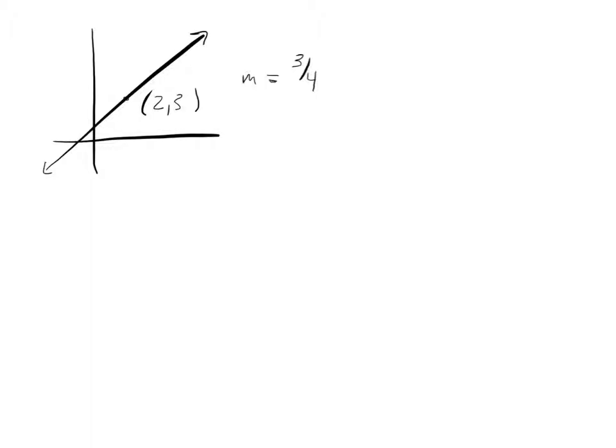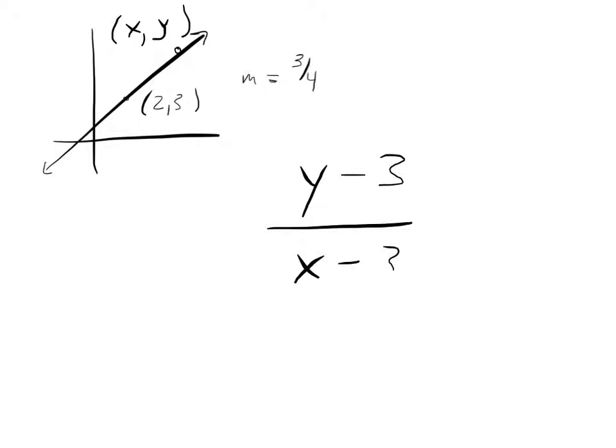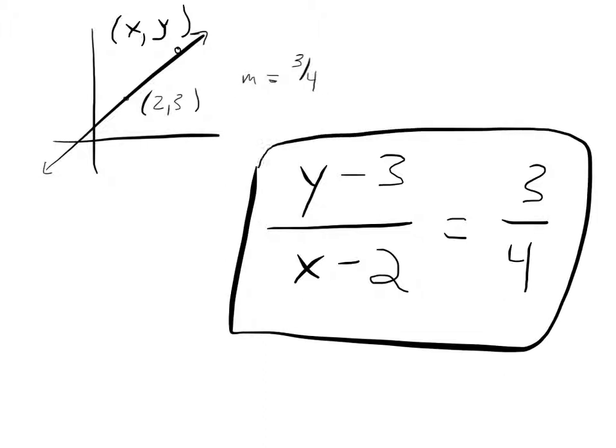So if you're asked to find an equation of a line, given a point on the line and the slope of the line, you always want to call a general point on the line x comma y. So again, to keep the slope constant, the change in y over the change in x is going to give you your slope, in this case 3/4. That right there is an equation of a line.